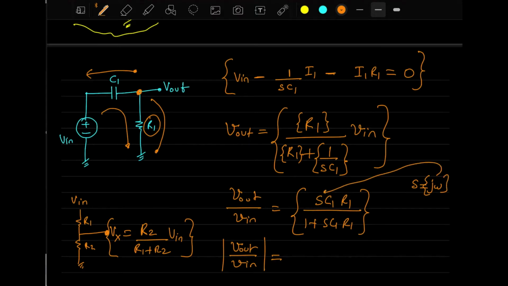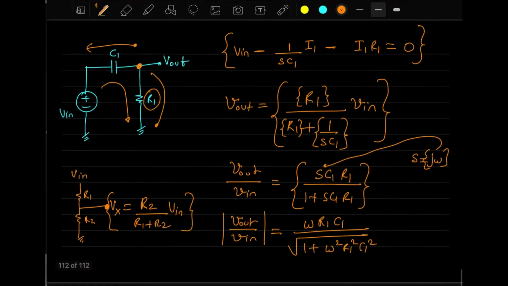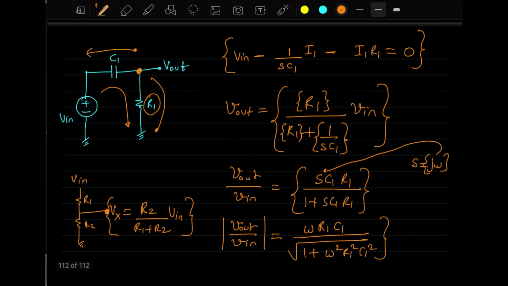What you get is omega R1 C1 divided by the square root of 1 plus omega square R1 square C1 square. This is what you get when you take the absolute value of this quantity.